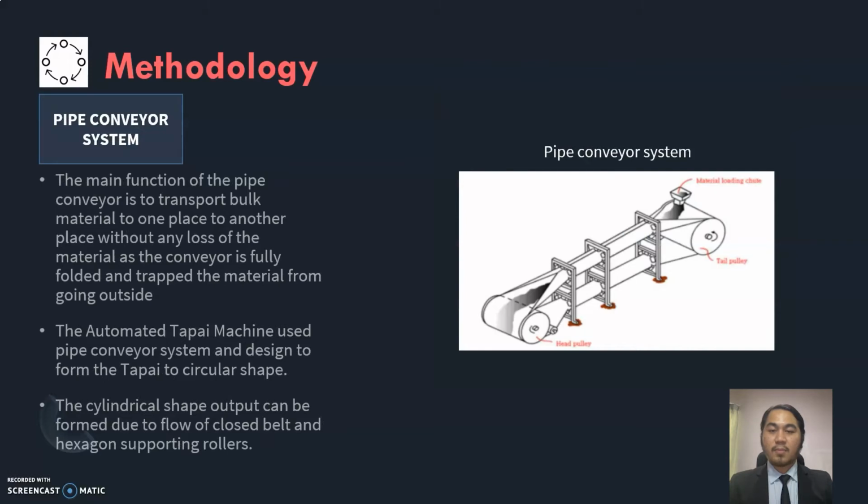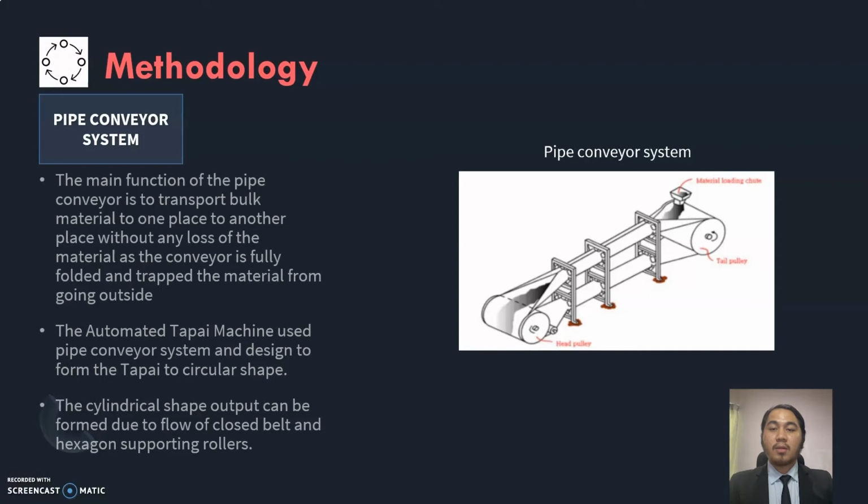Pipe conveyor system. The main function of the pipe conveyor is to transport bulk material from one place to another place without any loss of material, as the conveyor is fully folded and traps the material from going outside. The automated Tapai machine uses the pipe conveyor system design to form the Tapai into circular shape.